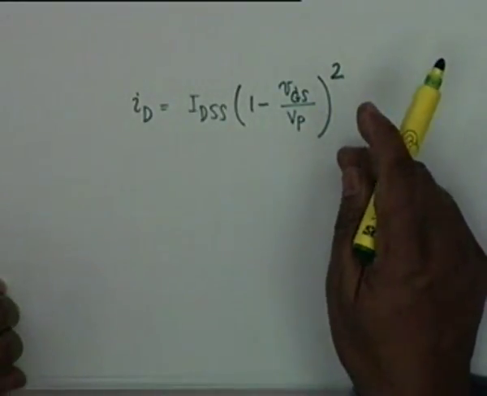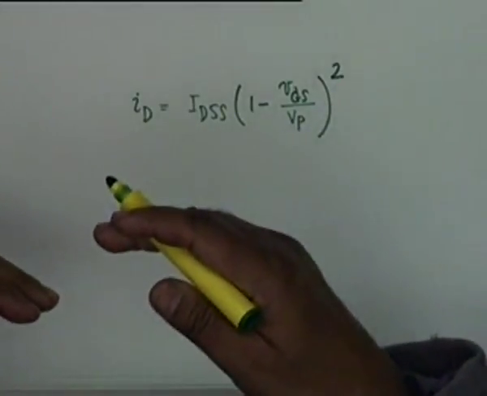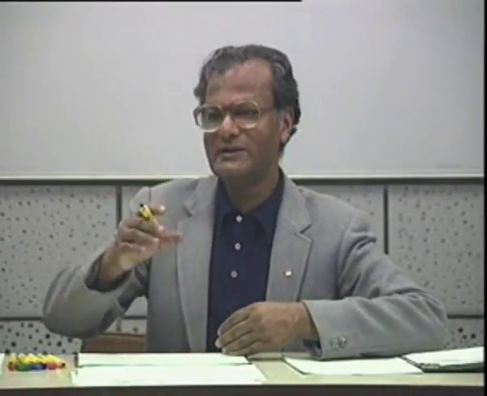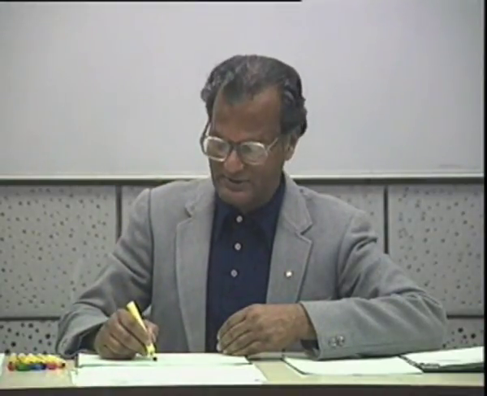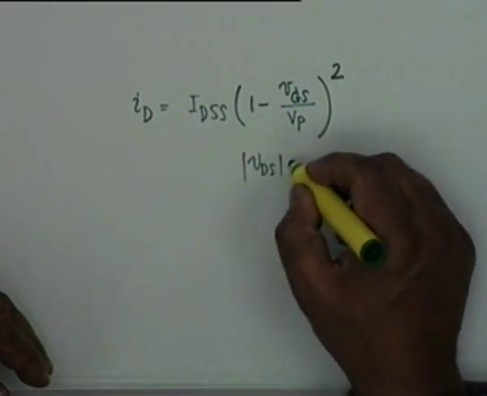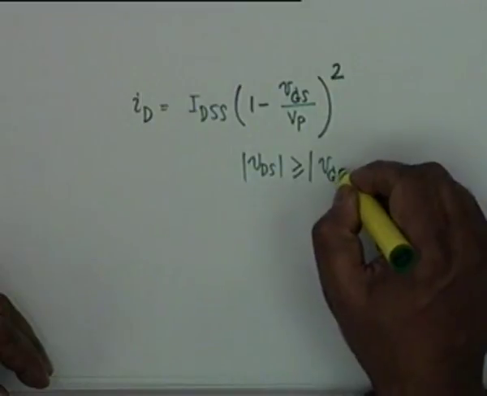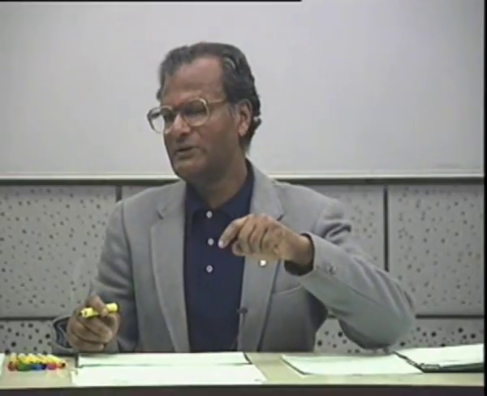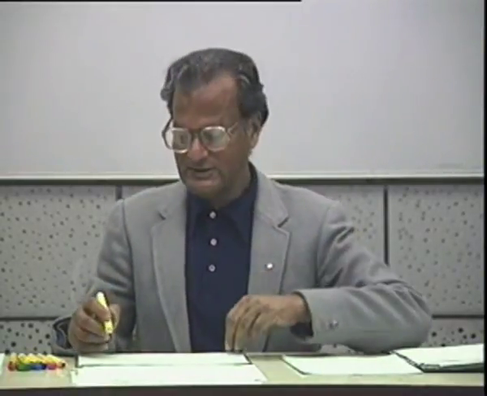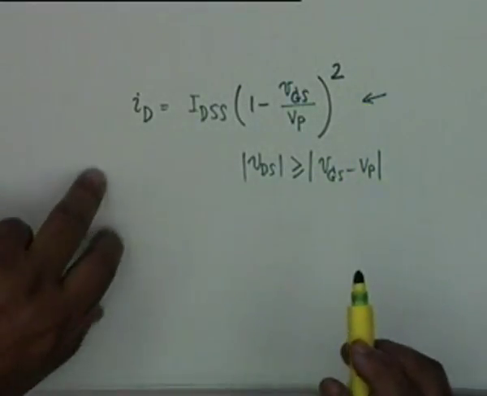It's a square law characteristic rather than a linear characteristic, and this is why the separations continuously increase as we go towards lower and lower VGS. This condition happens when VDS is greater than or equal to VGS minus VP, which means that we have crossed the ohmic region. It is in the saturation region that this characteristic holds good.